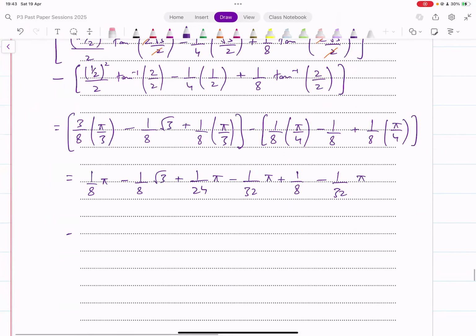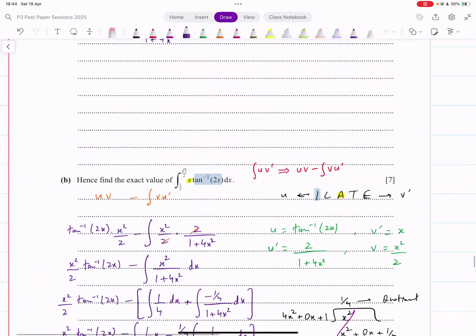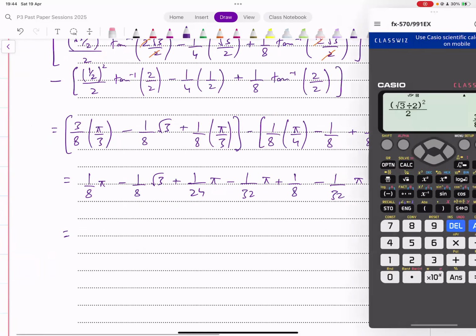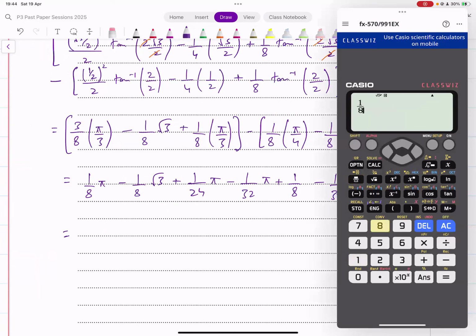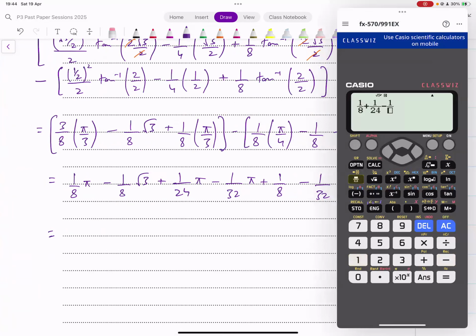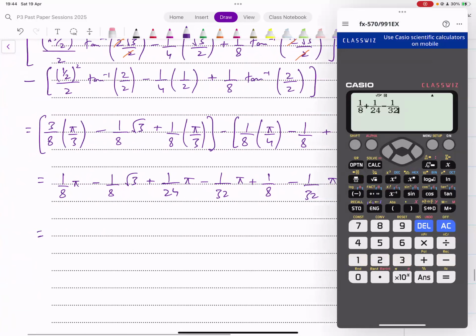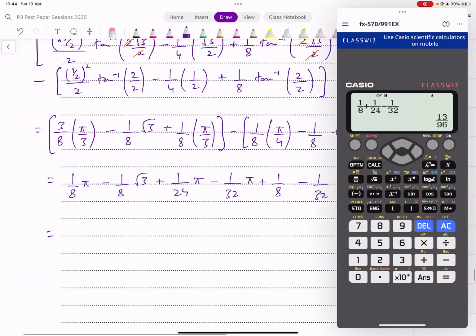Now you can input this on your calculator, input the pi terms and see what they give you. You want an exact answer at the end, remember. Let's see what the pi terms simplify to. 1 over 8 and then plus 1 over 24 minus 1 over 32. Can somebody please confirm these calculations as well? The pi terms, they give me 13 over 96.